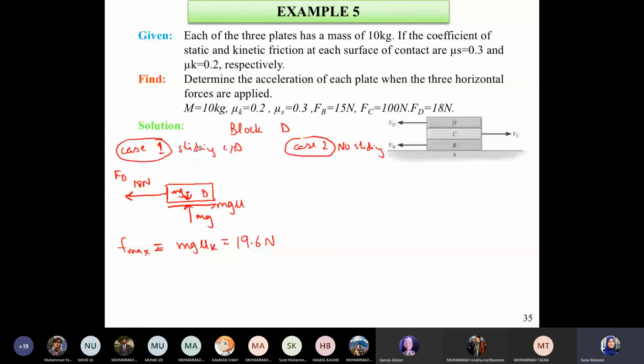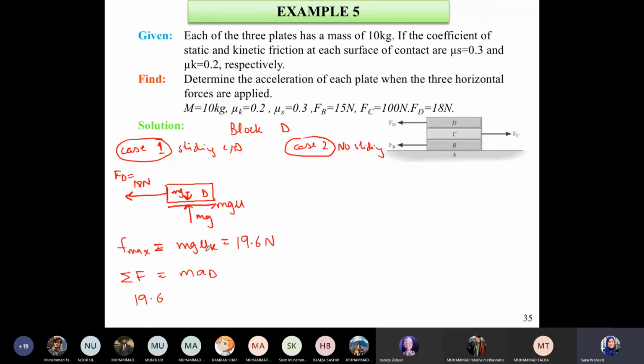And this F, क्योंकि मैं कह रही थी ना कि C तो move कर रहा है sliding जब हमने assume किया है. So this is going to exist. So ये F max जो है, this is larger than the FD जो apply हो रही थी, which was 18 newtons. तो मतलब ये कि actually ये friction जो है वो जो right की तरफ act कर रही है, that is larger. So in this case अगर मैं summation F is equals to MAD निकालूं, then I'm getting that a frictional force to the right of 19.6 newtons.